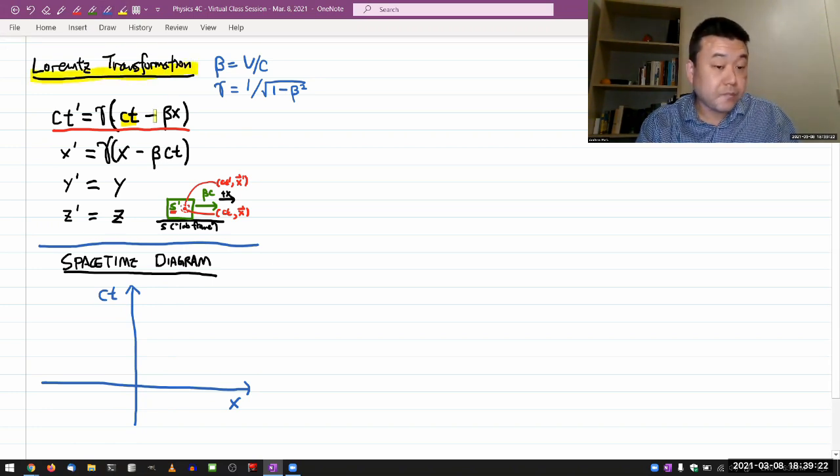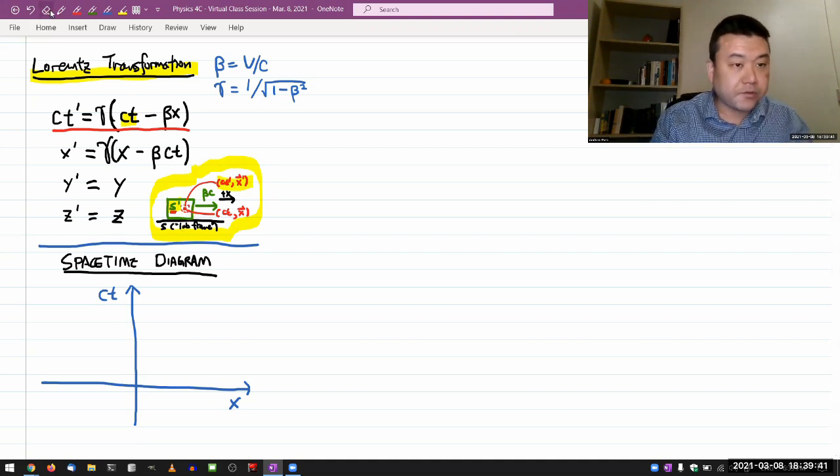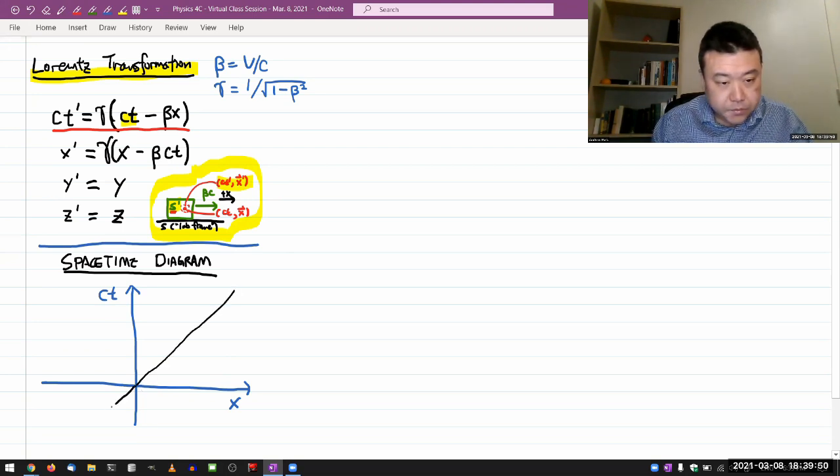So in this picture here, let me draw the axis that represents the space-time coordinate of the S prime frame. I think before I draw that, it'll be useful for me to draw this particular line, which you could call the light world line.